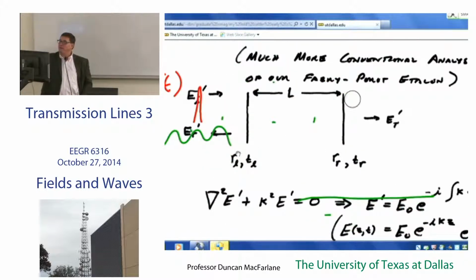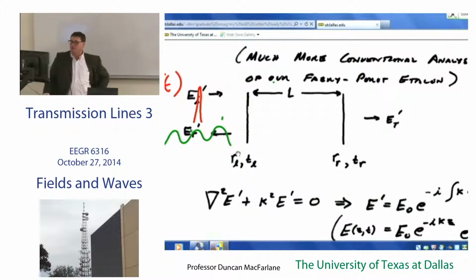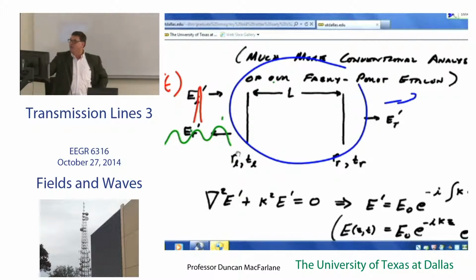And I should be able to excite that structure, if I remember my signals and systems, which I better because I'm teaching it this semester. I should be able to excite that system with whatever function I want, and as long as I know something about that structure, I should be able to calculate the output. In other words, this block of glass is linear. It's time invariant. It's a filter.